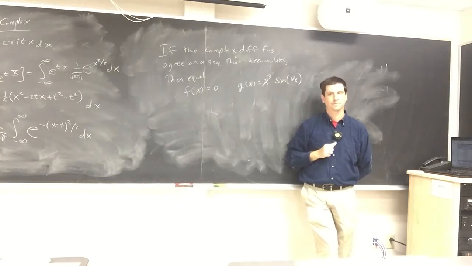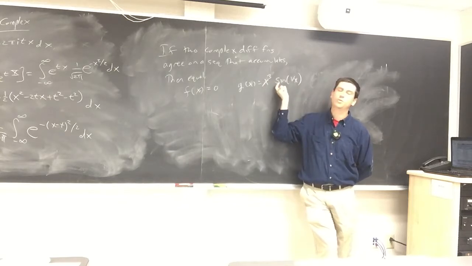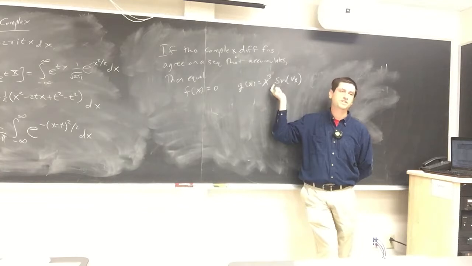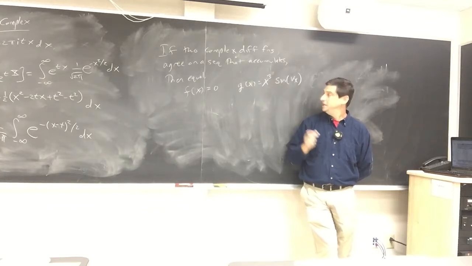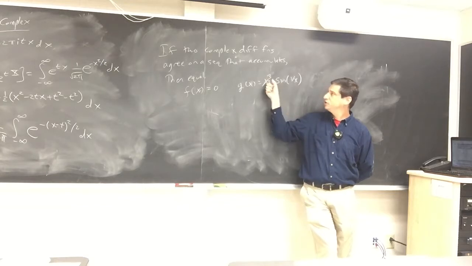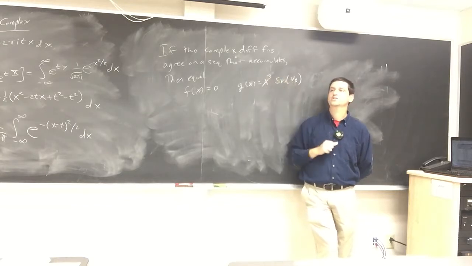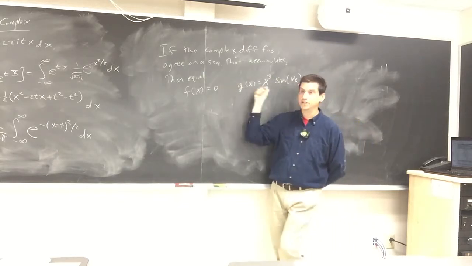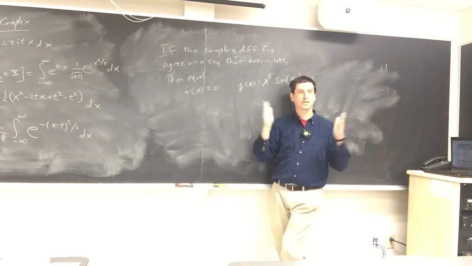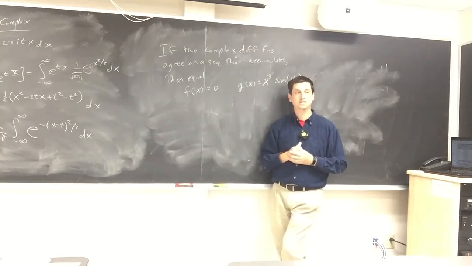So this will just go to 0. We can define this, if you want, with a split definition: we can define this to be 0 at 0. It turns out this function is differentiable once. The x cubed is so nice that even when I differentiate, I get a 1 over x squared coming out from this, and the x cubed is enough to survive that. These two functions agree on infinitely many points, on a sequence that accumulates at 0. But these functions are not equal.